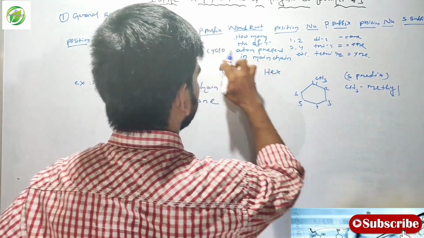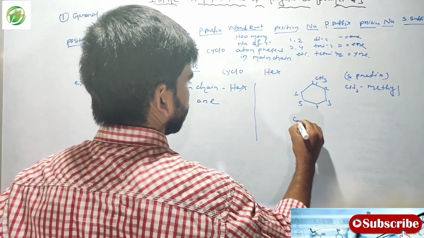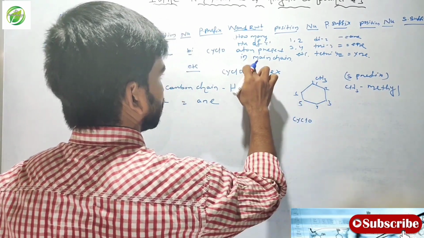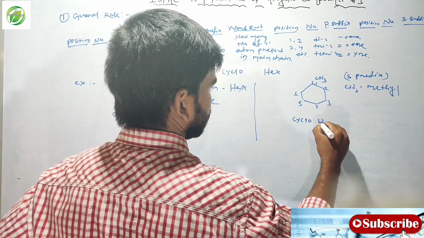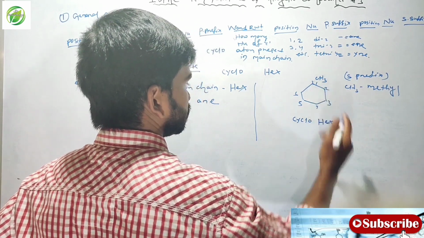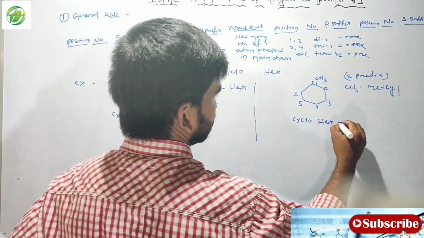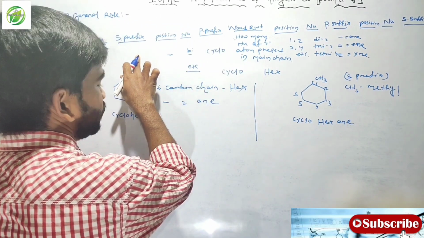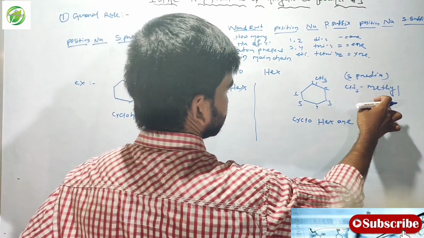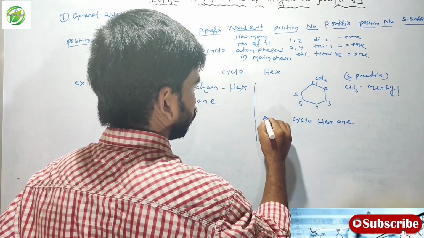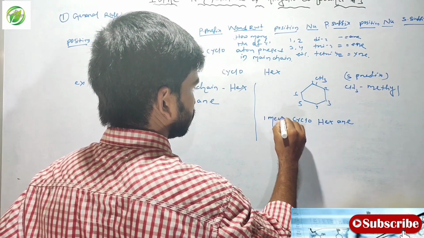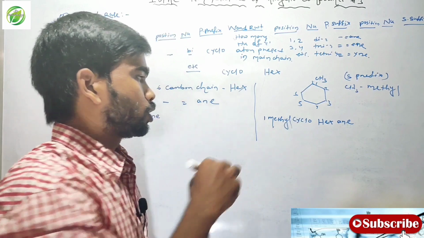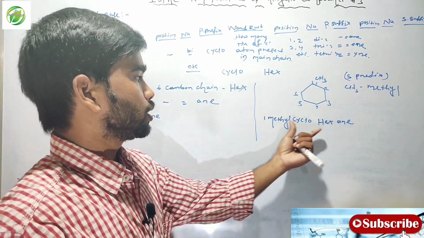For a cyclic compound, we use cyclo. For 6, hex. All bonds are single bonds, so it's ane. And for the secondary prefix, we use methyl, in first position, so 1-methyl. The resultant name of this compound is 1-methylcyclohexane.